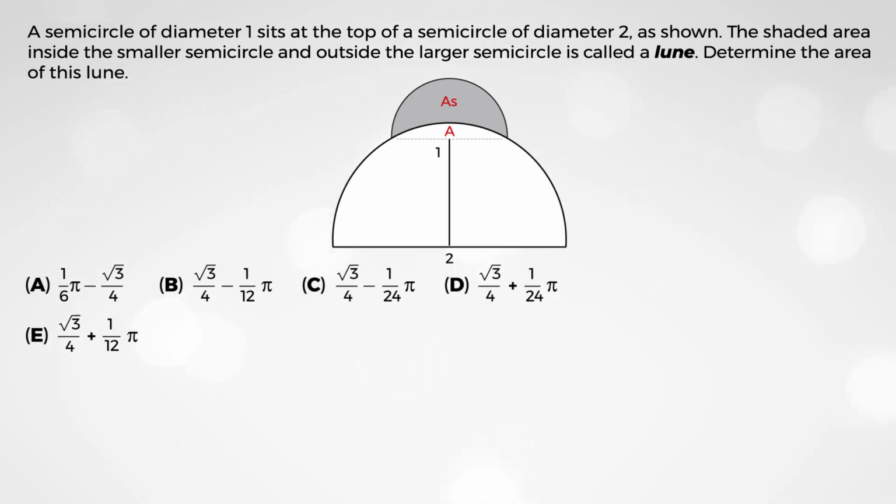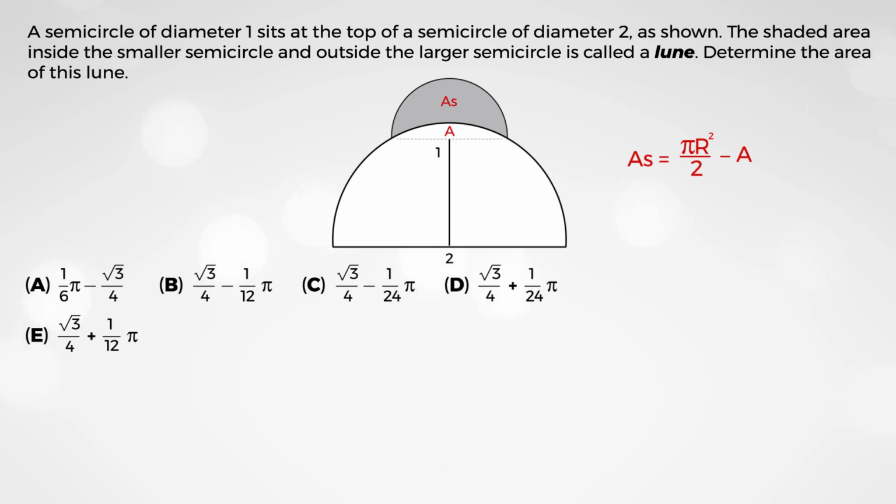So what we are interested in, the area of the shaded region, is going to be the area of the semicircle, which is pi r squared divided by 2, minus A. And if I can do that, I've got my answer.